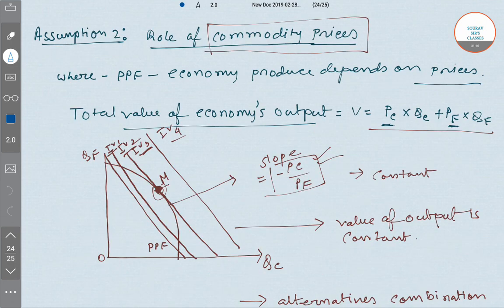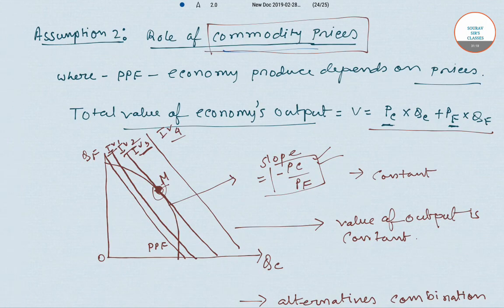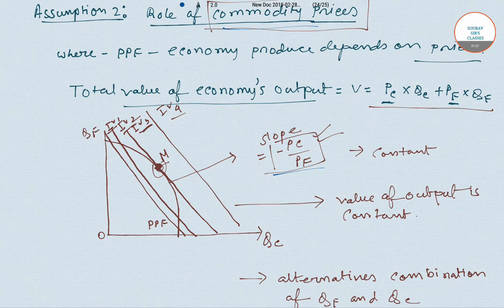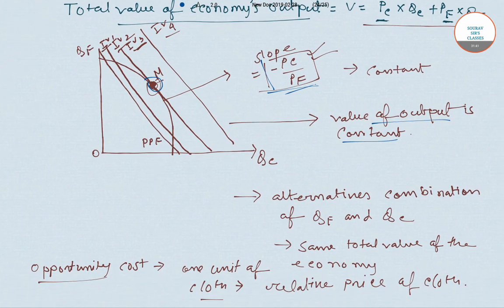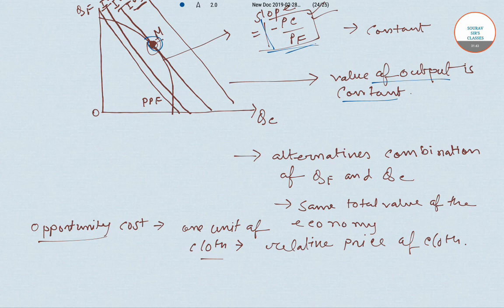The second assumption was commodity prices, where the slope of the PPF is tangential to the slope of IV, which is the value curve. So the value curve of total output is constant. We have found the slope at the point M where IV is tangent to the PPF. It is PC by PF, which is nothing but the relative price of cloth.